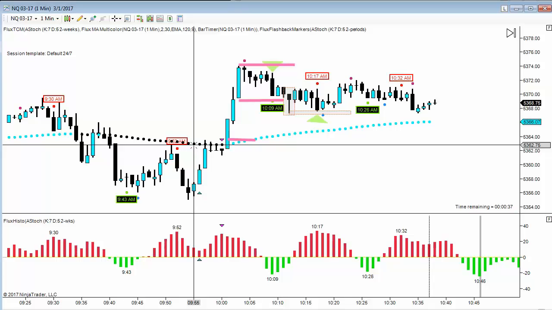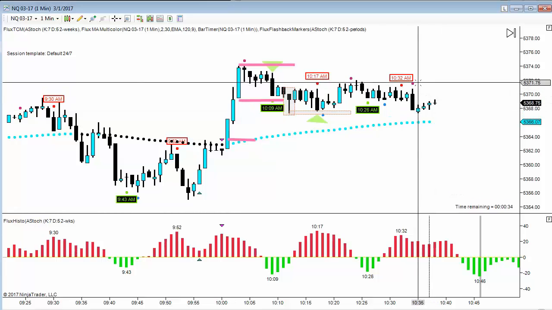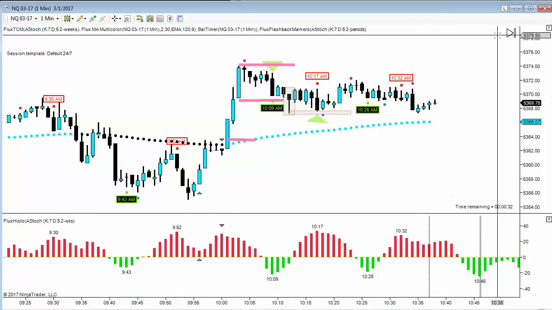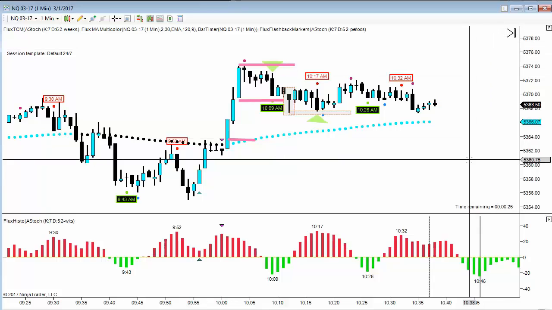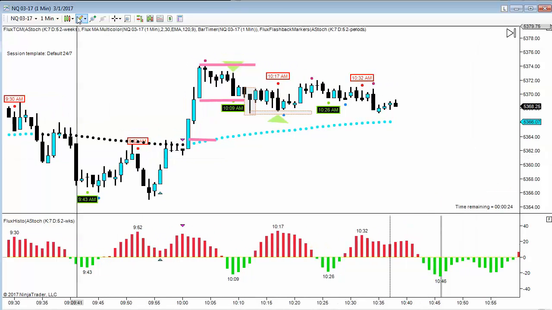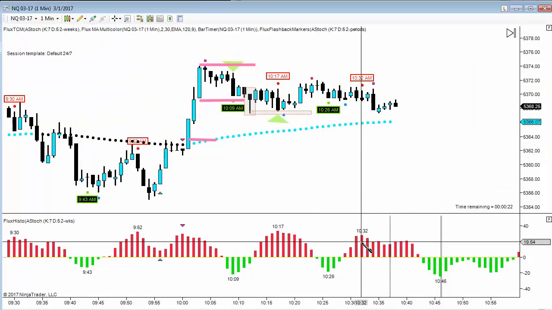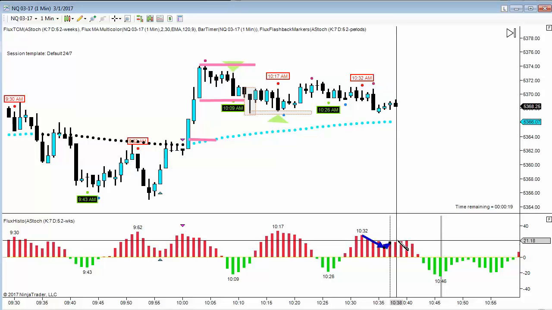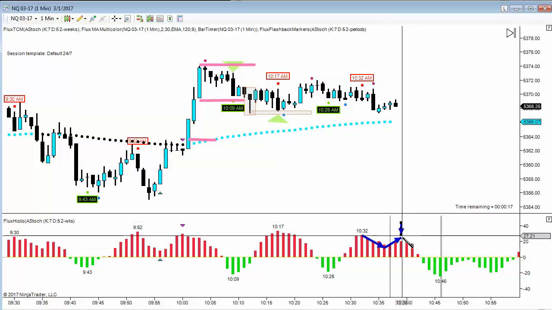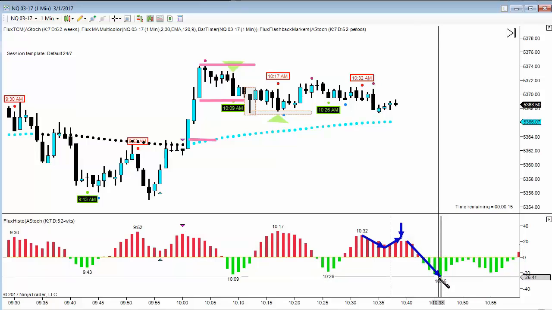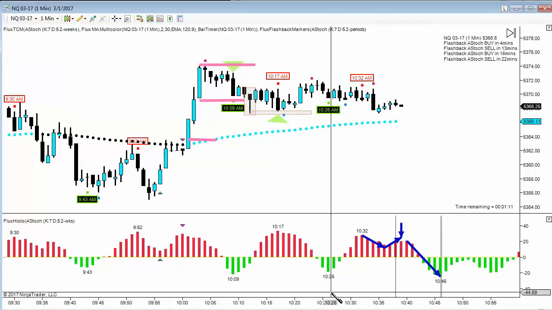Okay? As soon as this candle closes, I'll have that same early warning system in the upper right hand corner telling me where the flashback signals are coming next. In the NQ vertical analysis, we had a small dip right here, and we're waiting for a punch down into 1046.